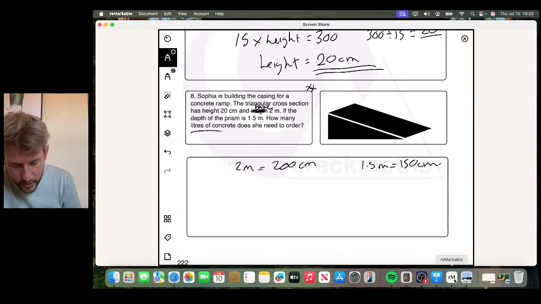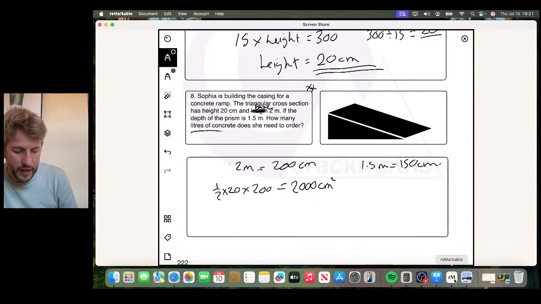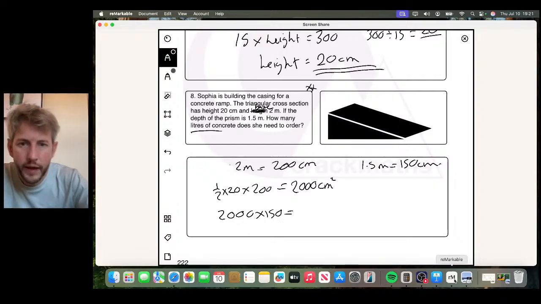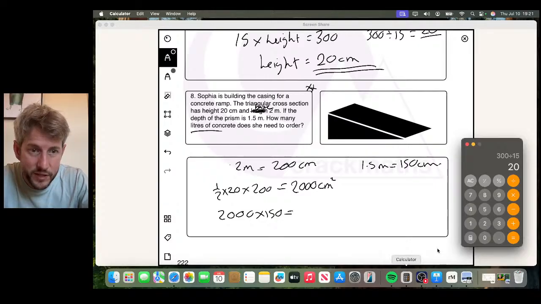So we need to do a half times 20 times 200. Okay, so that's going to be 10 times 200, so that's going to be 2,000 centimeters squared. And then we need to times that by the 150. Okay, and that will give us the volume in centimeters cubed.